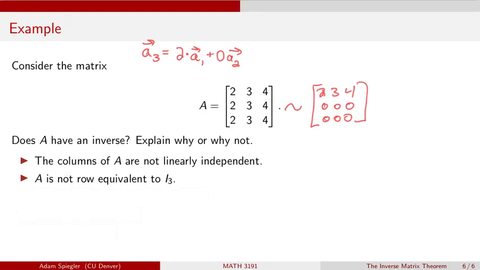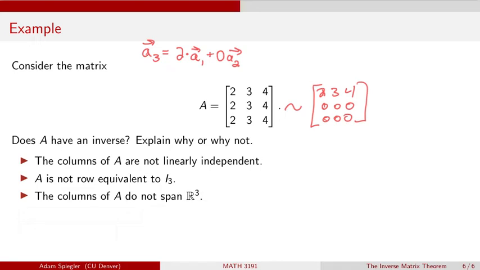So we can see that matrix A is row equivalent to a matrix that has two rows of zeros. So therefore, it's not going to be row equivalent to the identity matrix. And if A is not row equivalent to the identity matrix, then we know that A is not invertible since those two statements are equivalent.